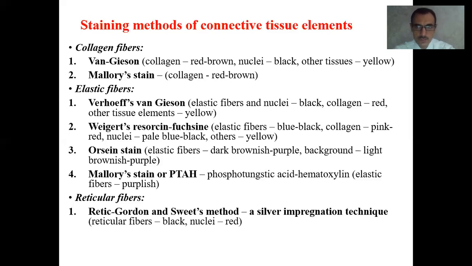Also, you know, there are the reticular fibers in the connective tissue, and the reticular fibers stain with the Gomori and Foot method. This is a silver impregnation technique in which the reticular fibers become black and the nuclei are red.